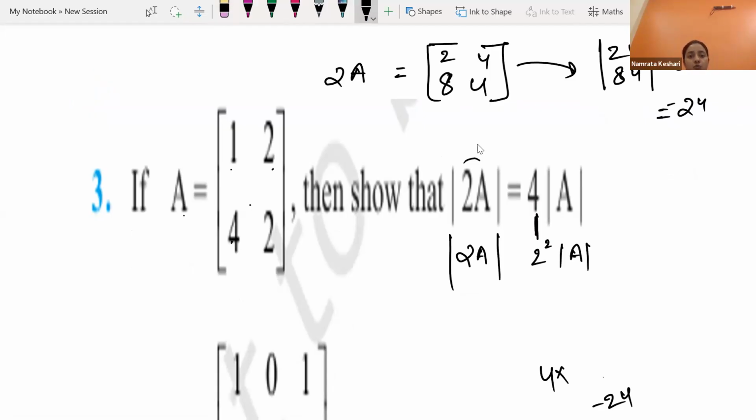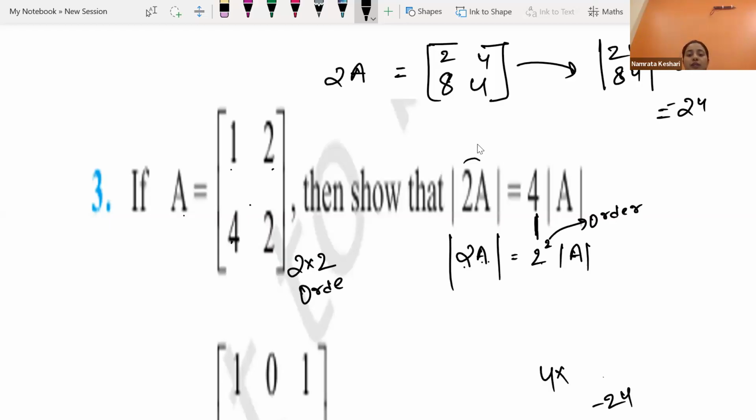So the determinant of 2A can be taken as 2 square times determinant of A. From where this square came? The order of the matrix, the order will come in the power. We will be doing so many examples like this, and you will realize always it is true.